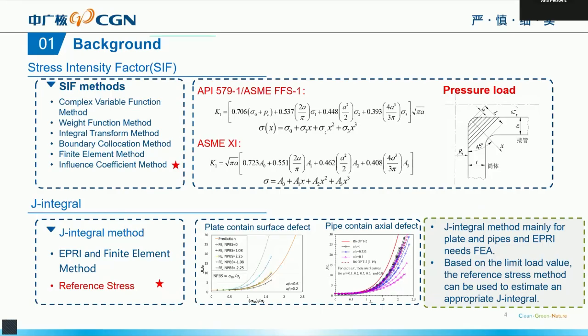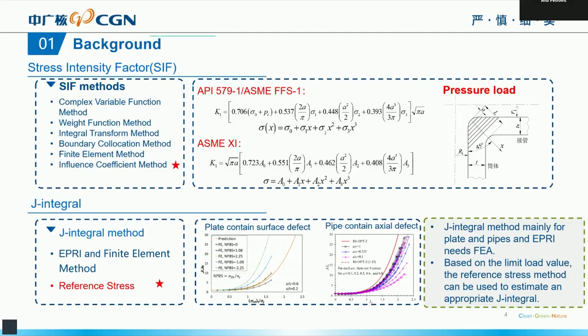Here are some key methods for the stress intensity factor and the J-integral. The SIF methods include several methods, and in the nuclear industry, the influence coefficient method is more popular.